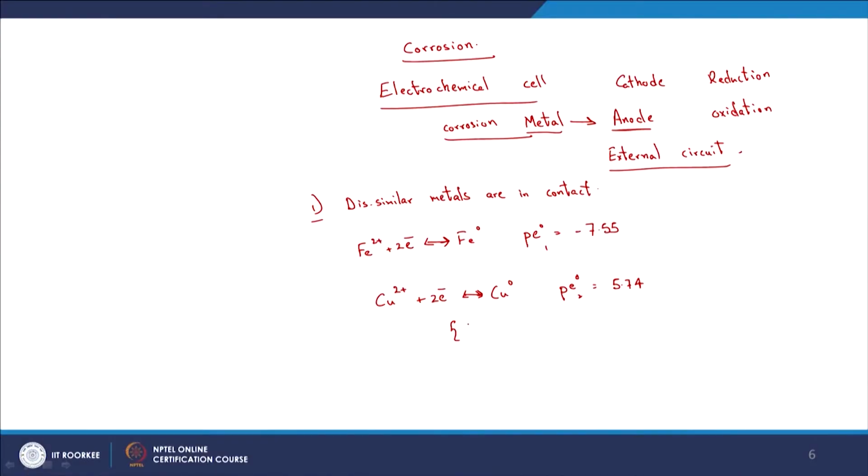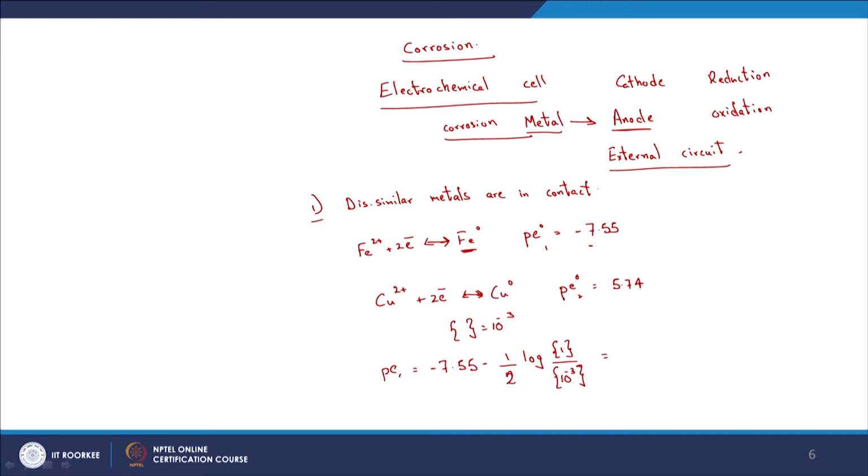So let's look at that. Assuming that all the activities are equal to 10 power minus 3, pe1 is going to be equal to pe0, minus 7.55, minus 1 by n times log of the activity of the pure metal, which is 1, divided by 10 power minus 3, where n is 2.